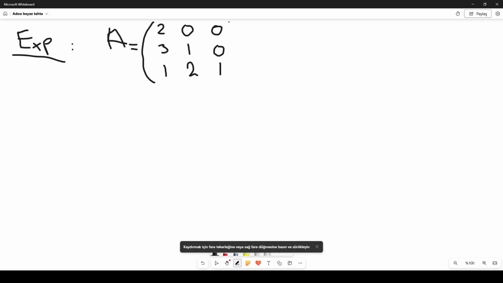Now we are given a 3 by 3 matrix here. And since we are given a square matrix, we can compute the determinant with respect to its definition.